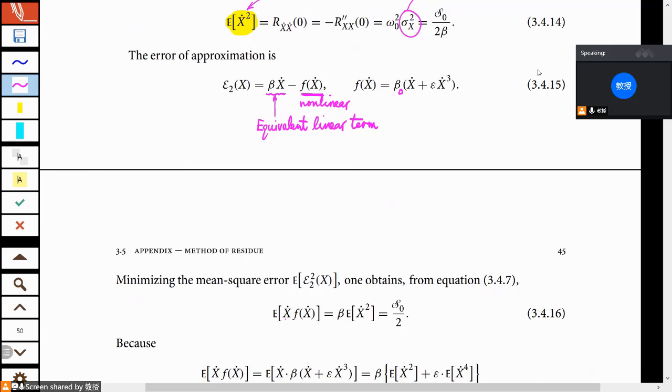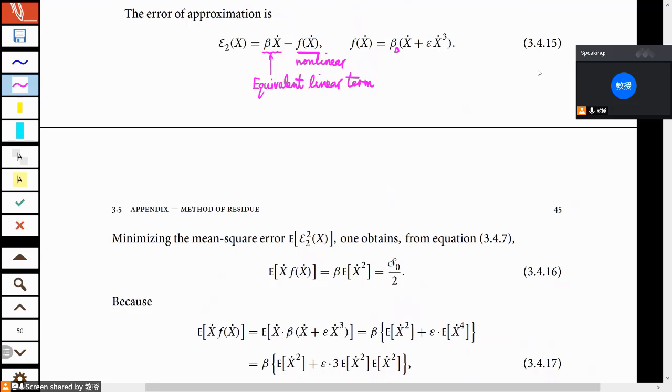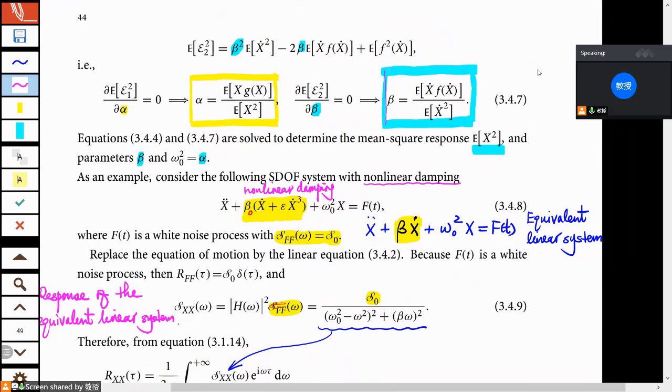Now we have x dot f x dot. Okay, 3.47. From equation 3.47, it's this equation.